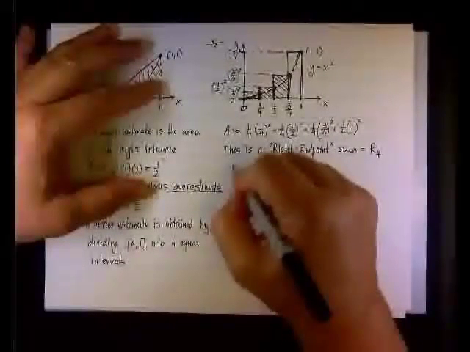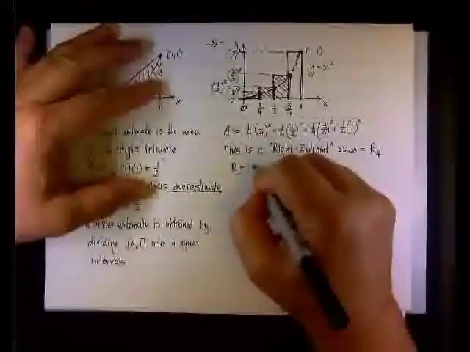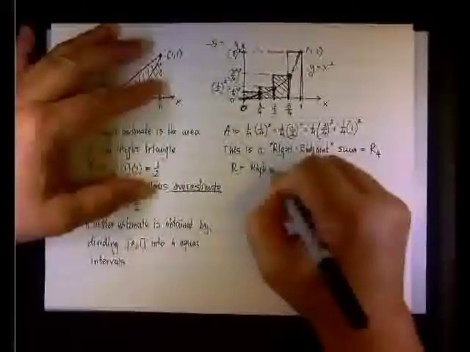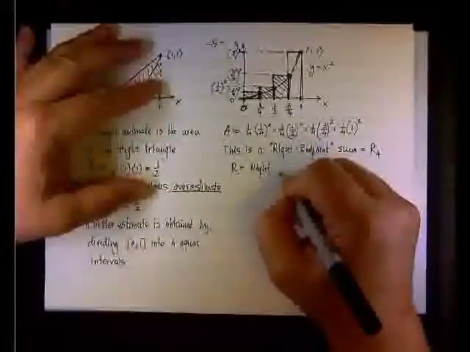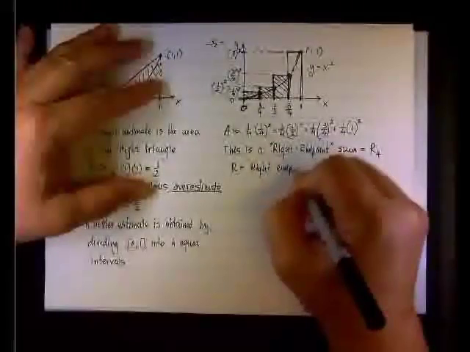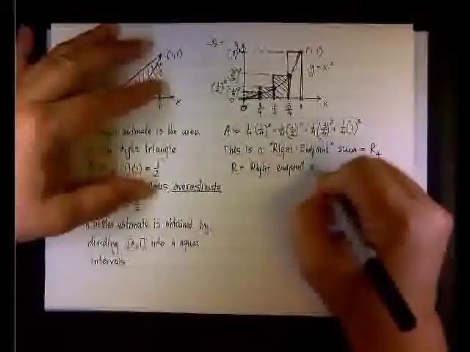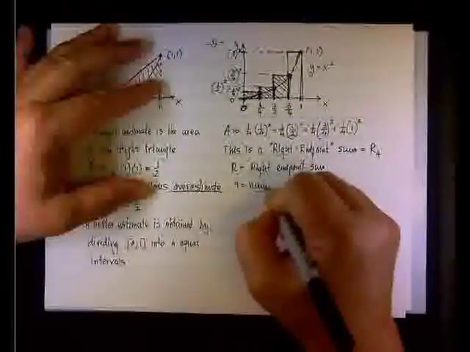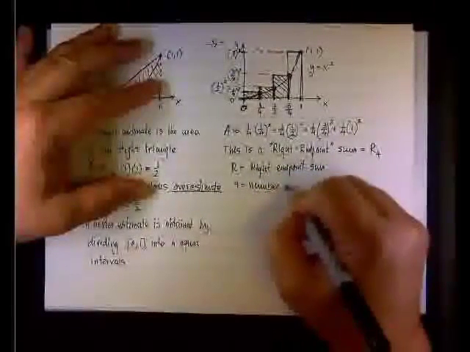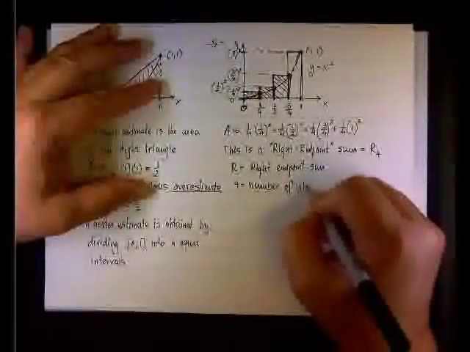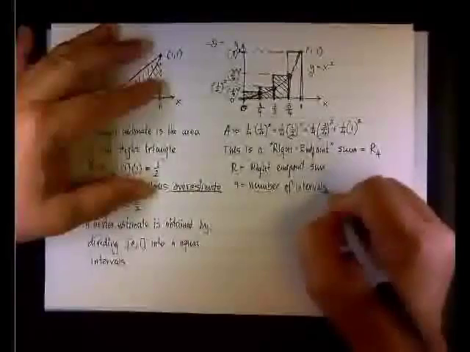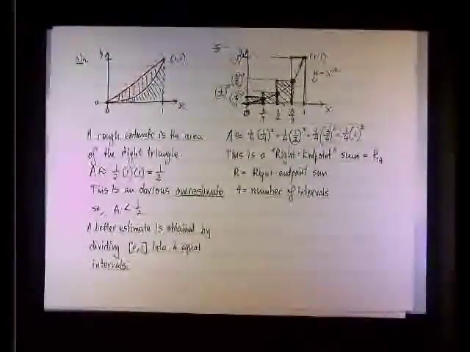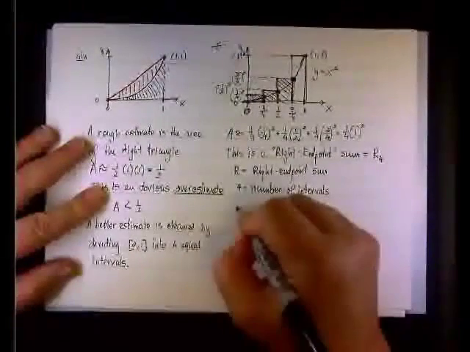Now R is the right endpoint sum, and of course 4 is the number of intervals. Therefore, the notation will be R4 or R sub 4.